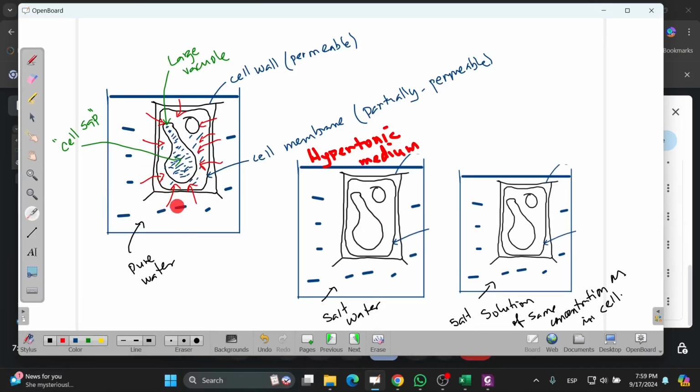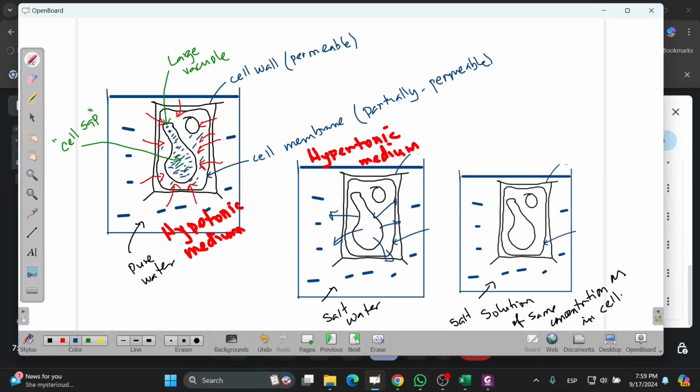This one here, since it's just water outside, this is a hypotonic, right, medium. So when it is more concentrated outside and more watery inside the cell, water will move out of the cell.